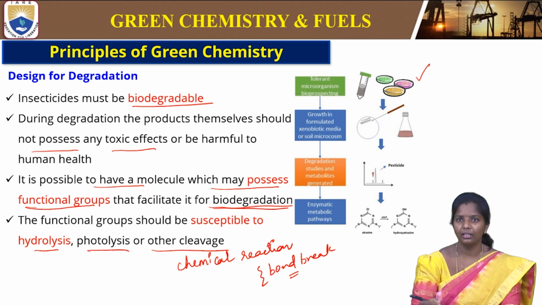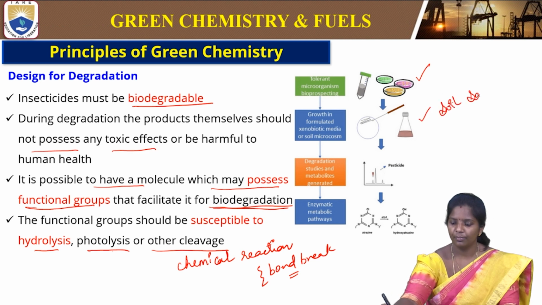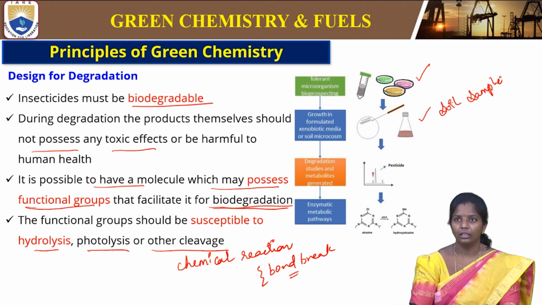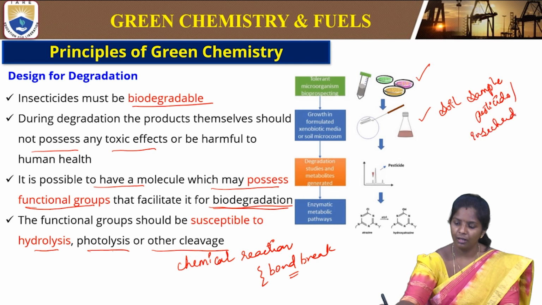So we inoculate these microorganisms into the field and check the soil sample for the growth, or the degradation of that particular pesticide or insecticide or plastic, anything, insecticide or plastic material.